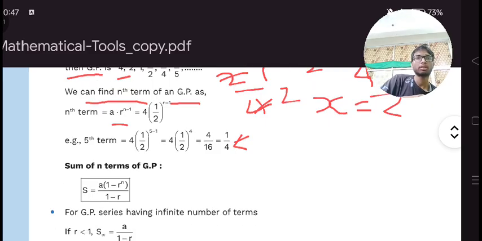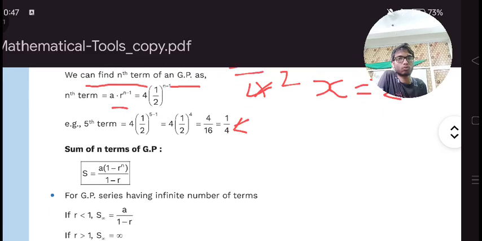Sum of n terms of a GP. How to calculate the sum of n terms of a GP? For this we have this formula: S is equal to a into 1 minus r raised to power n, upon 1 minus r.